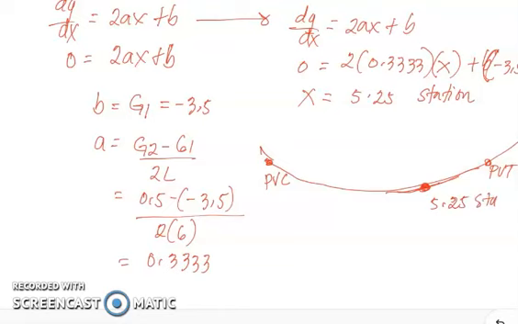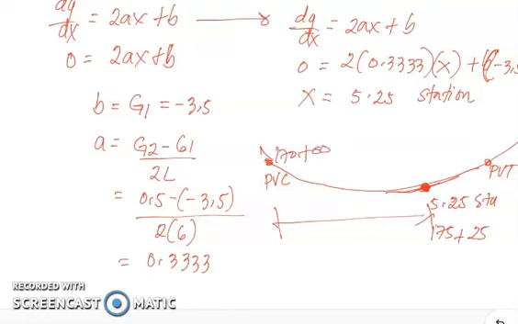So the station of this point is located at 175 plus 25. This is the station, because 170 plus 00 is the station at PVC.